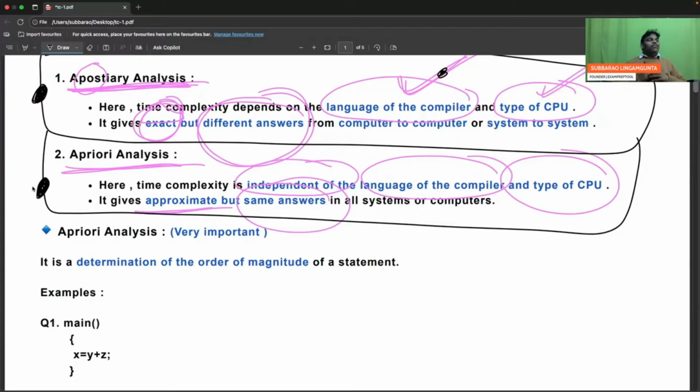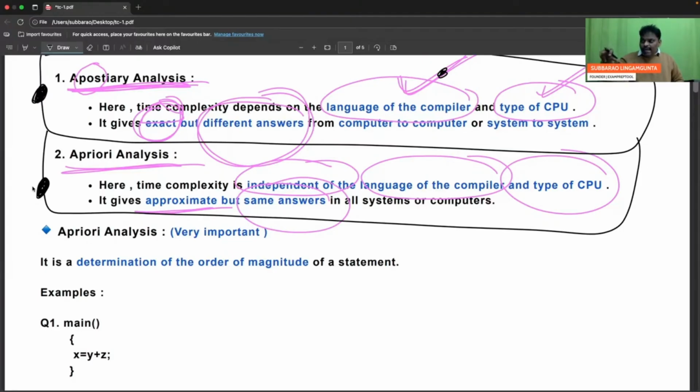From today onwards, if anyone asks you the analysis purpose: finding the best program or the best algorithm. How do you find it? Based on two factors, time and space. How do you find time complexity? Time complexity is based on compile time plus running time. Compile time is based on the compiler, running time is based on the processor. These are the real things which are needed.